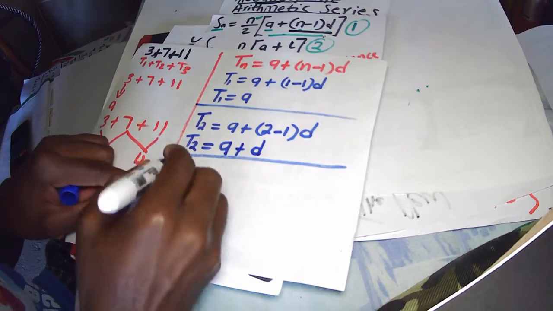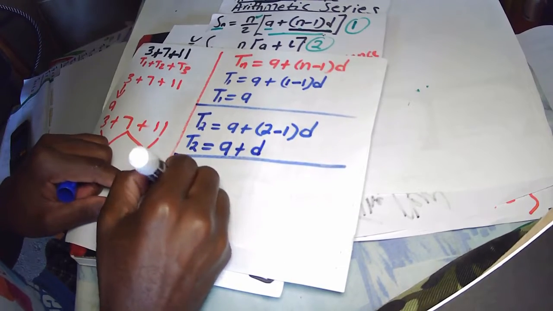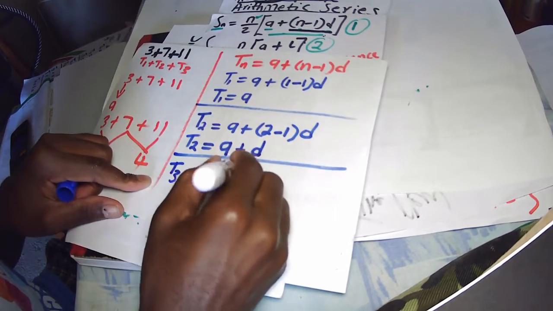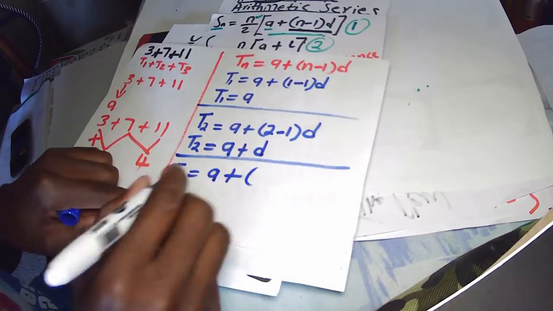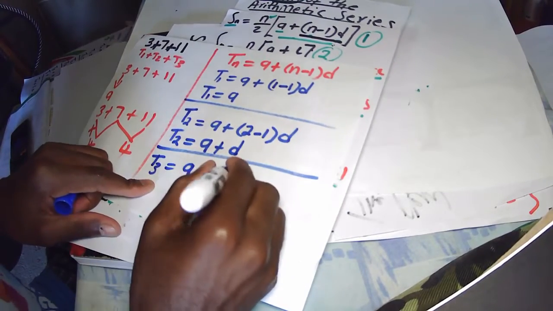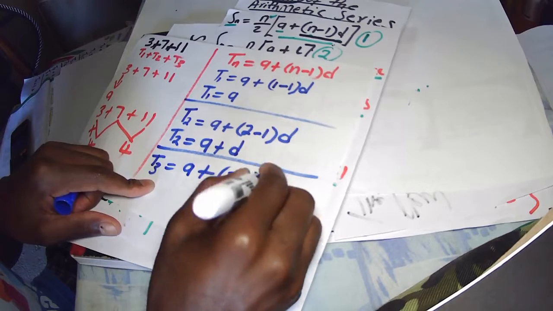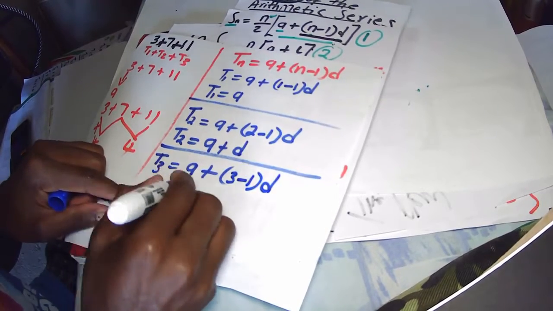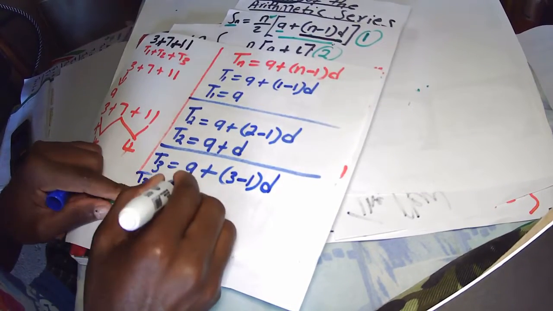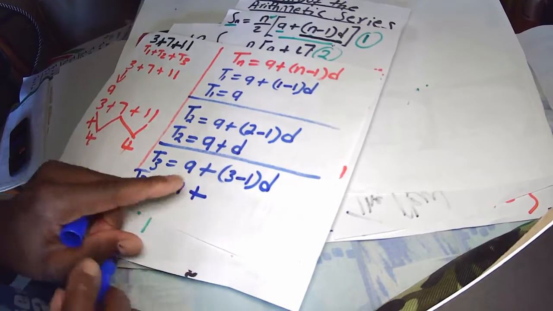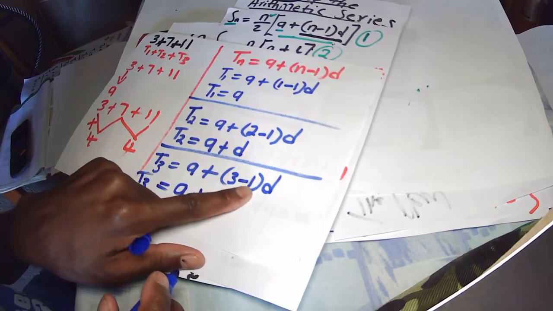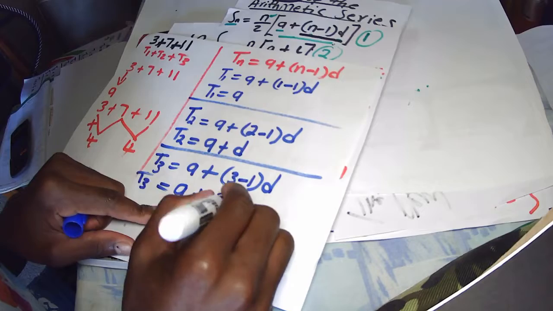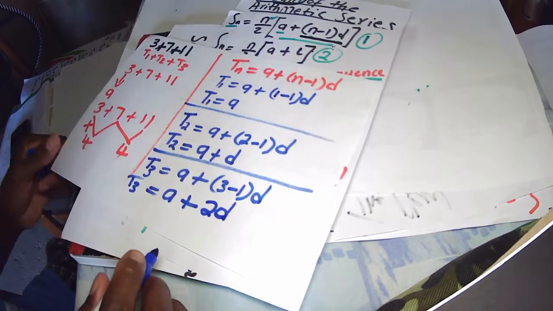Let us continue and look at T3. We leave A, but where there is n, we put 3 for n. So T3 is A plus, what is 3 minus 1? It's 2 times d, so we have 2d.